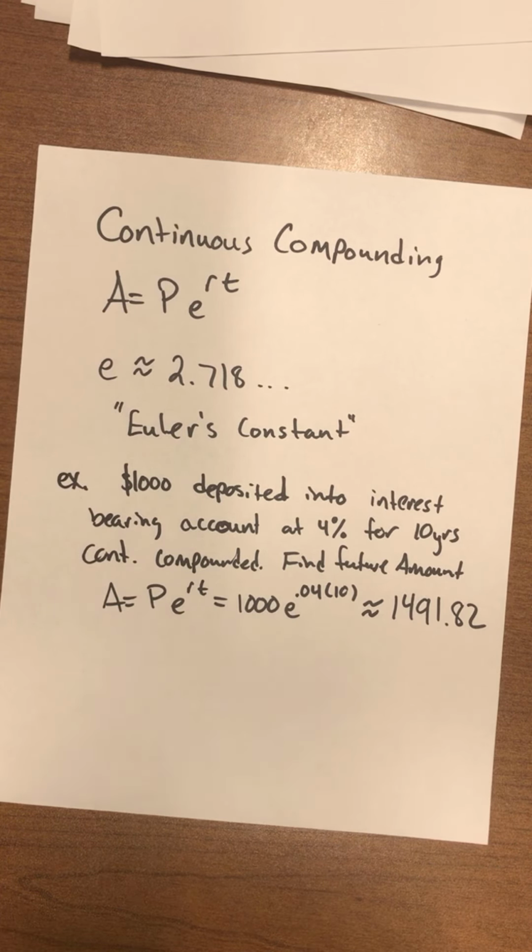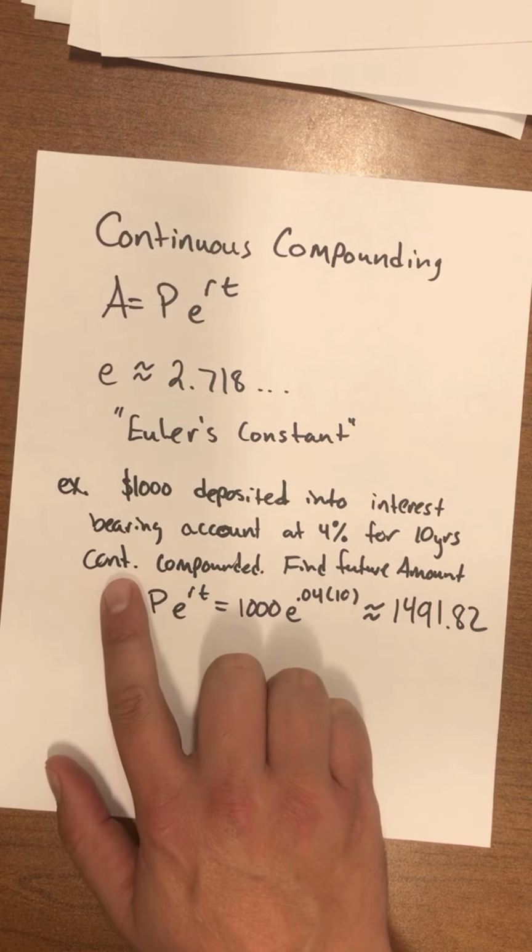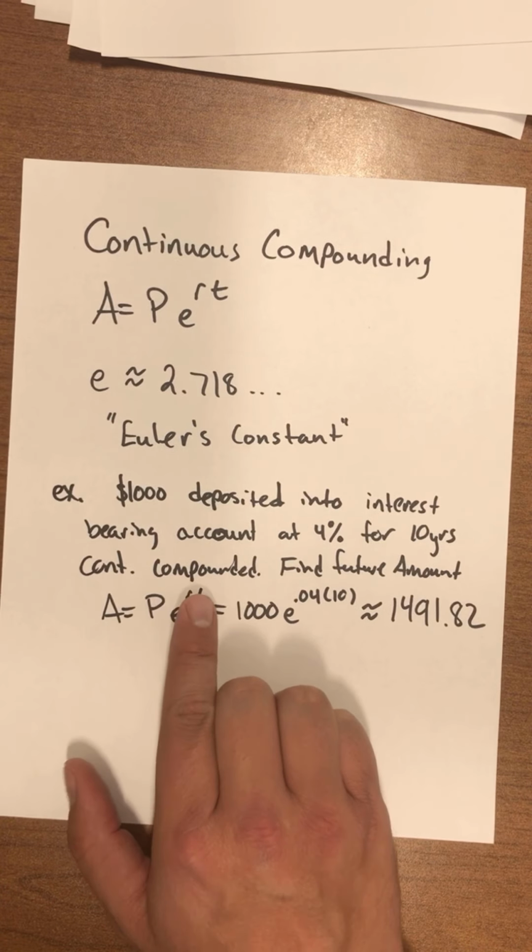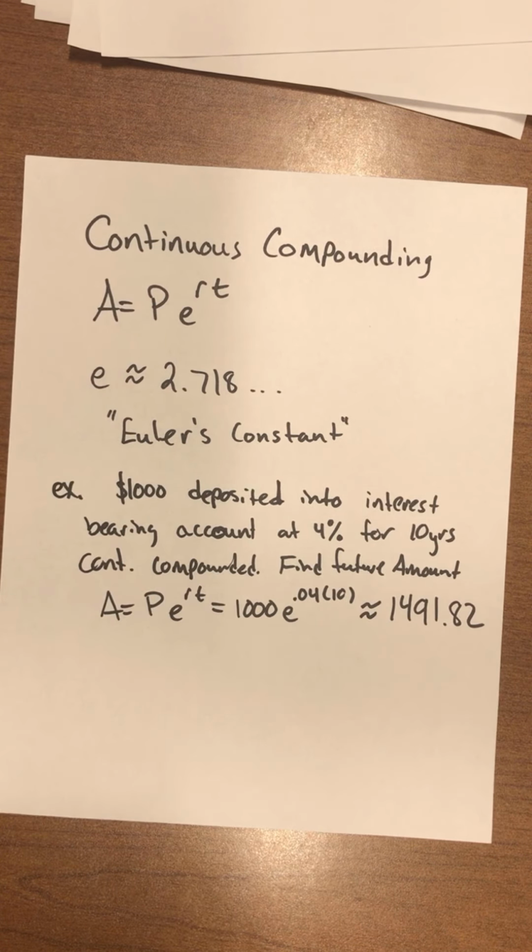a historically amazing mathematician. So what we notice is that the compounding, if done continuously, has a limit. You might think that if we are continuously compounding, the value just skyrockets.